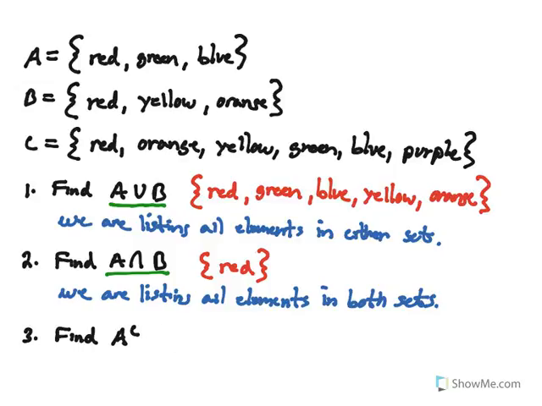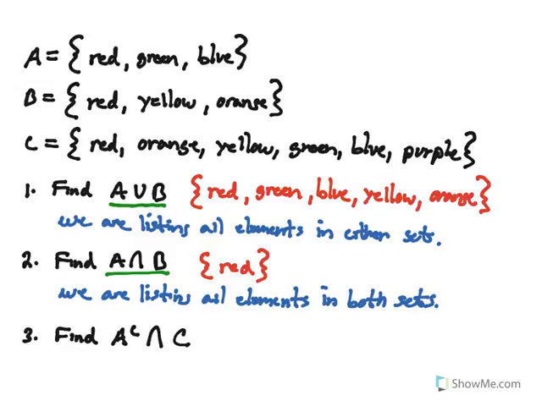I wrote it twice, I apologize. Sorry. We want to find the complement of A. And what that means is that we're looking for all elements that are not in set A and are also in set C. So that is what you would need to write. That's what we need to identify.